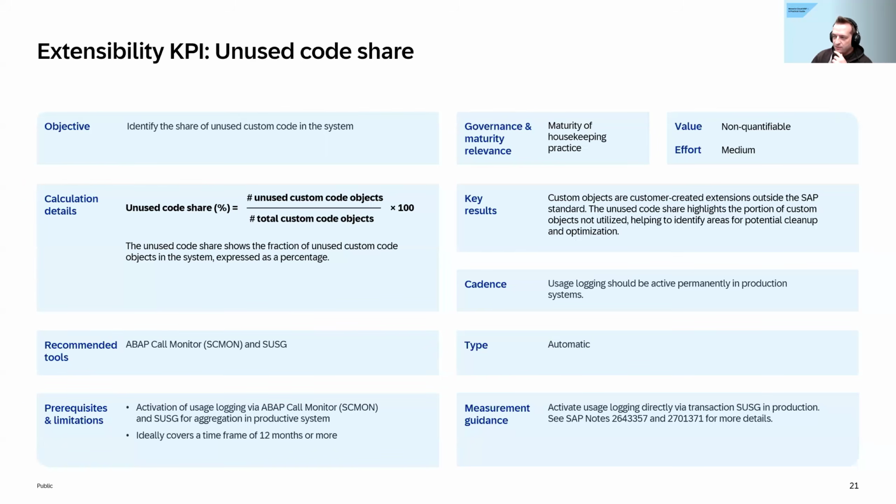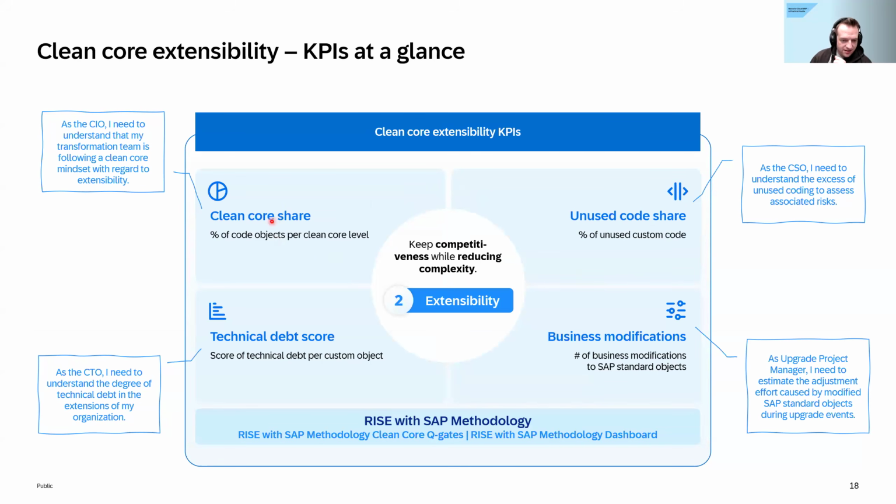These were two of the simple KPIs. I would say it's important to have them, but at the same time, I would say these are not key. We already saw the clean core share, so the percentage of code objects per clean core level. How is this done now?